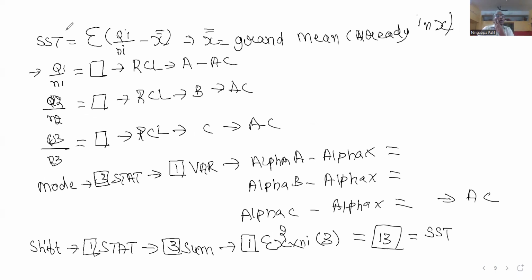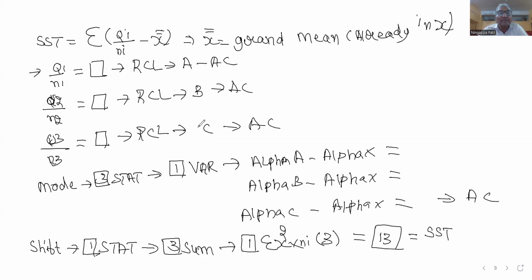Look here, SST also summation of Qi upon ni minus x bar. X bar is already there, grand mean, and now you have to calculate Qi upon Ni. Q1 upon N1 equal to button. You store this value in letter A, and Q2 upon N2 equal to button. Store this value in letter B, and Q3 upon N3 equal to button.